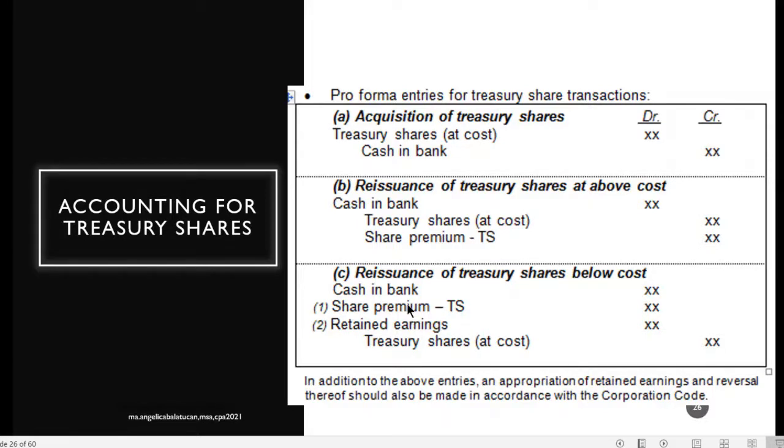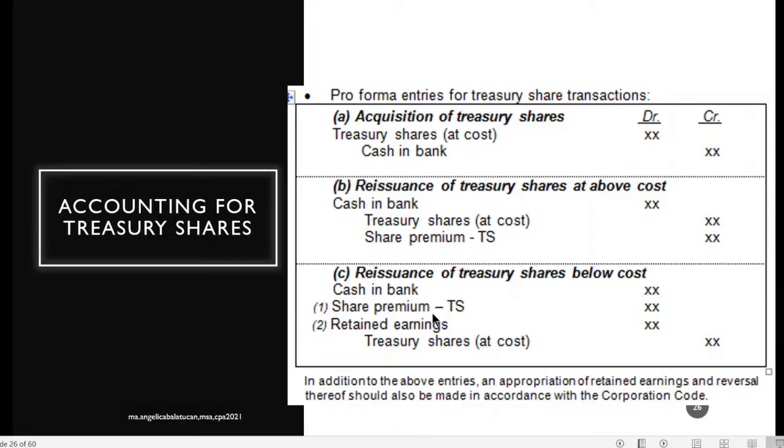If there is an existing share premium treasury shares nga balance, adto na to unang i-apply tong difference sa consideration o sa cost sa treasury shares. Kung kayang cover ni share premium treasury share ang difference, so siya ra imuhang i-debit, kana lang account ang i-debit.